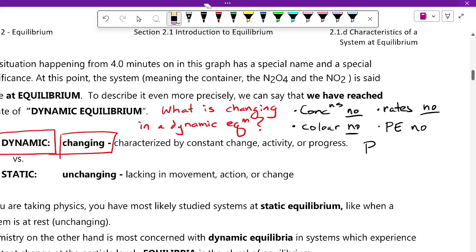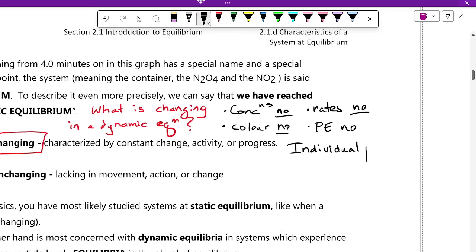Individual particles. And why is that? Because individual reactant particles are changing into products. Individual product molecules are changing into reactants.